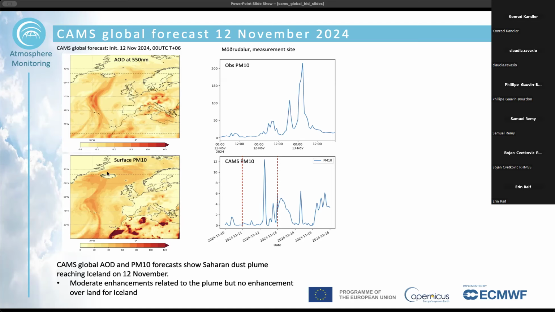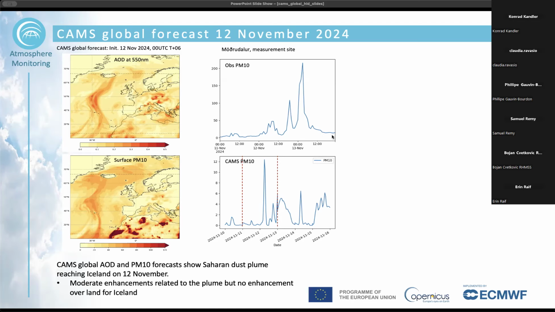If we look at the surface PM10, then we see that the plume is there. There are some enhanced values, maybe up to 70, 80 micrograms per cubic meter. But generally there's not much over Iceland itself. In the middle here, I compare the observations from this site in the northeast of Iceland, and I'll be careful not to embarrass myself with mispronouncing the name.